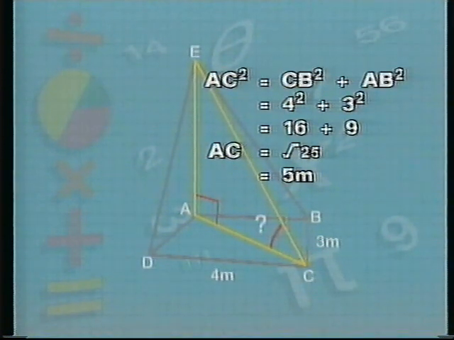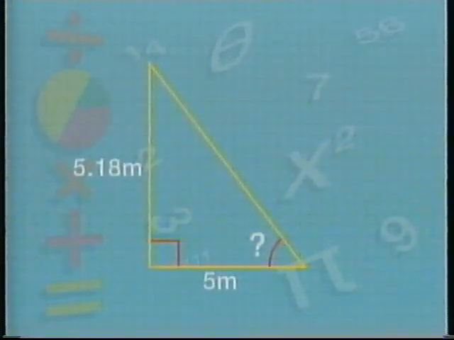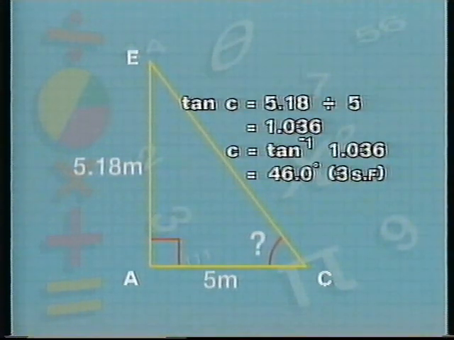So using Pythagoras, we have AC squared equals 4 squared plus 3 squared, which works out as AC equals 5 metres. Now we can draw this triangle EAC and calculate the angle ECA by using tangents again. Use the inverse tan button on your calculator to give the answer 46.0 degrees to 3 significant figures.